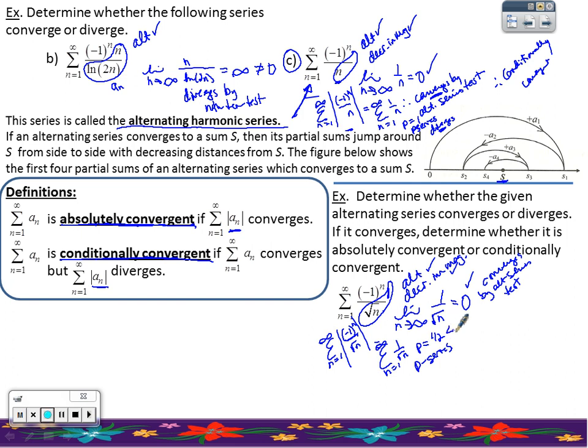This is smaller than 1, therefore it diverges by the p series. So, is this original series conditionally convergent or absolutely convergent? It's conditionally convergent because its absolute value partner diverges. So therefore, this one is conditionally convergent. Okay? Is that okay? All right.